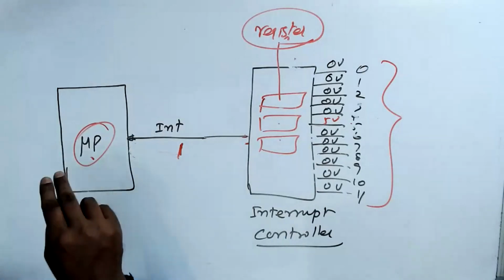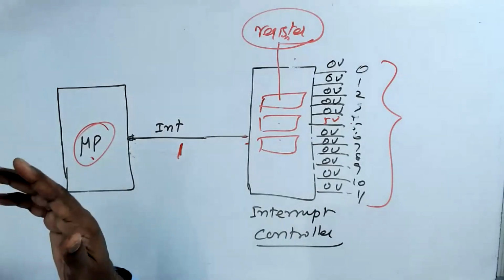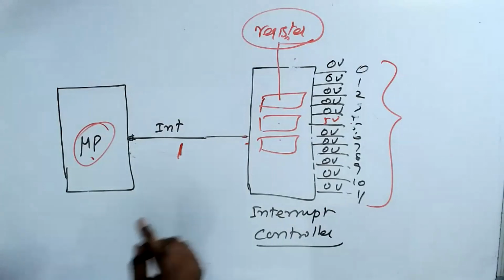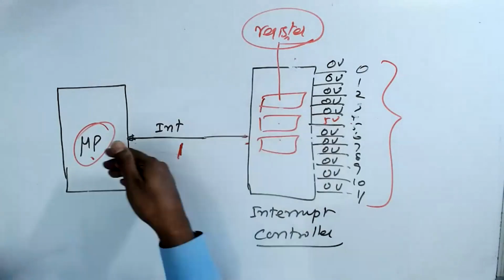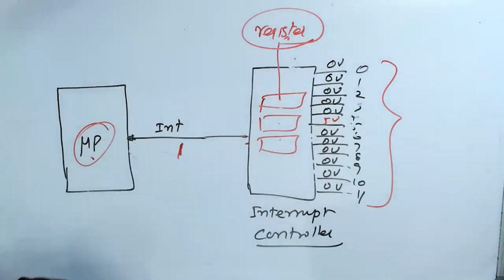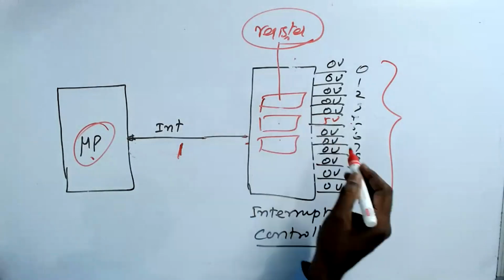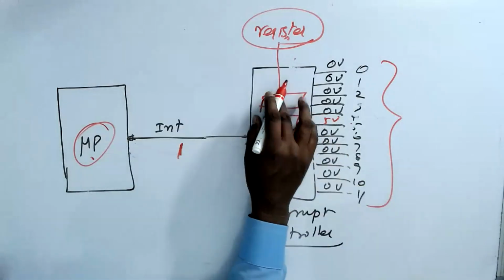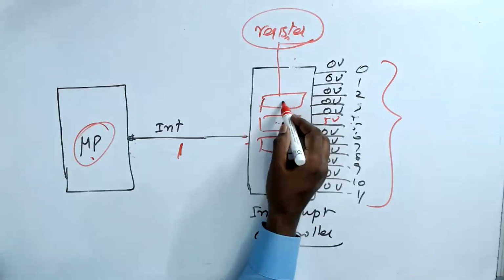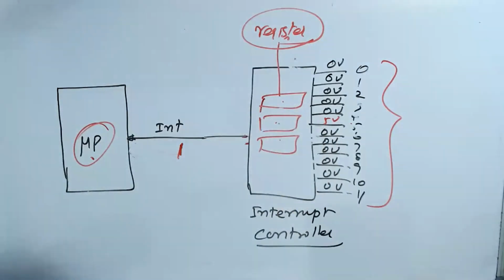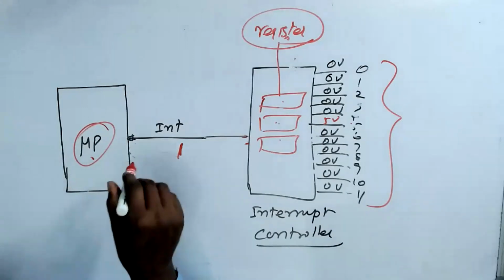Based on that, that device will start acting. So the number will be coming here. Which one has given an interrupt? Let's say I have an 8-bit and another 8-bit. I will read which bits are 1, and based on that, I will do the activity. There will be only one function here, not multiple functions.